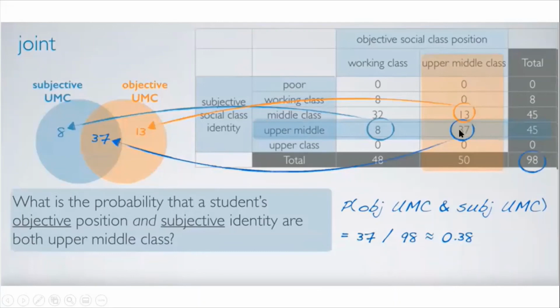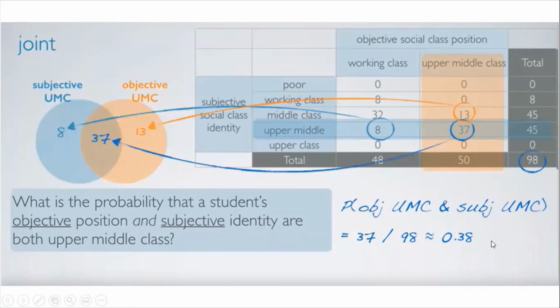So this is the intersection. What is the probability of a student's objective position and subjective identity intersecting? We can say 37 out of 98, and that is the joint probability.